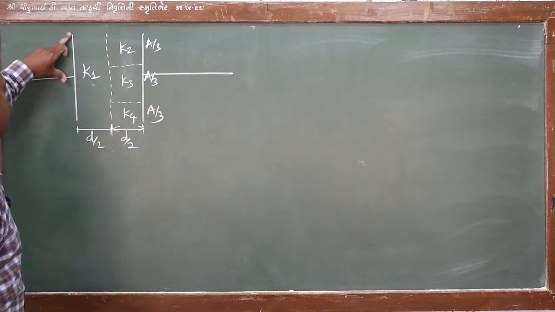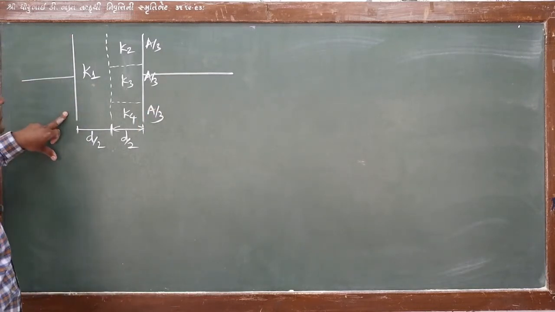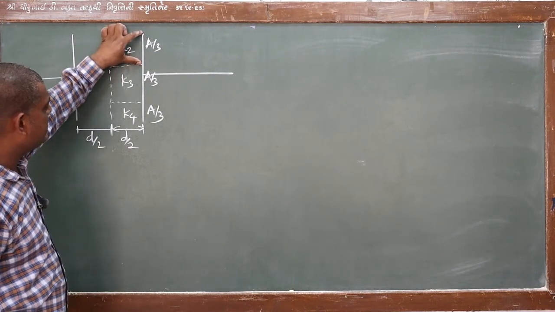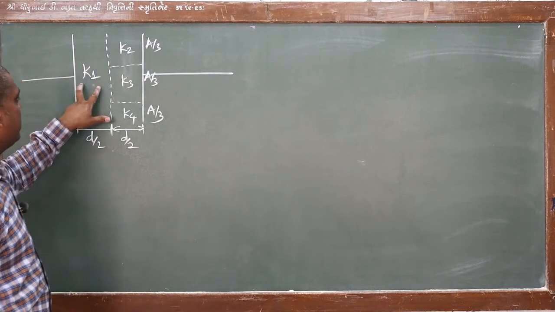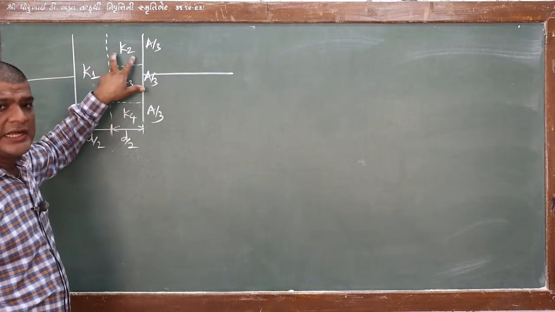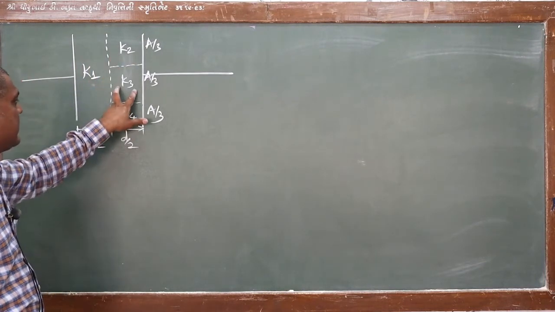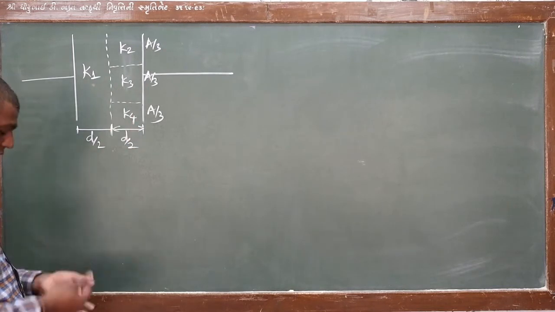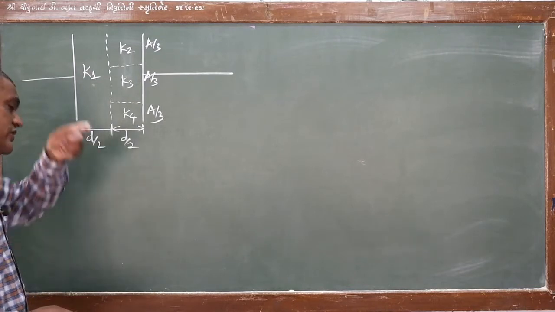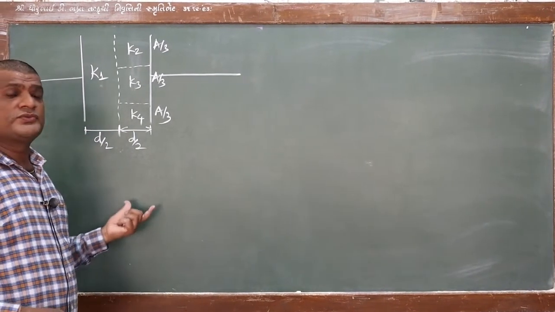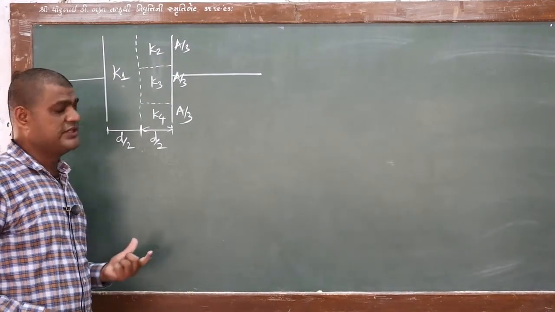Here the area of plate is A. Dielectric constant K1, dielectric constant K2 and dielectric constants K3 and K4. Solve this question. We have already solved such type of question. That's why I am giving it to you as homework. You can do this, right?